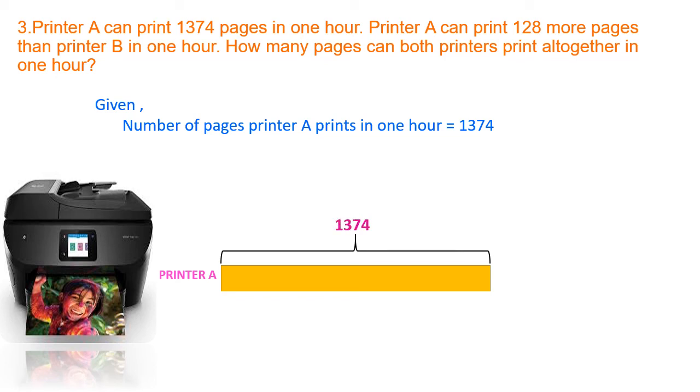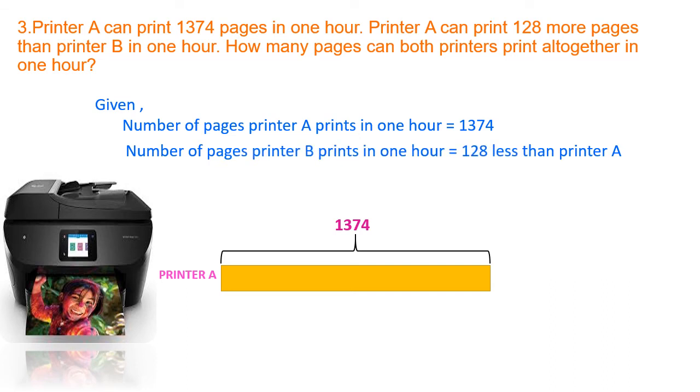Next line of the question is saying printer A can print 128 more pages than printer B in 1 hour. So students, we can write it like this, that number of pages printer B prints in 1 hour is 128 less than printer A. We have just changed the statement and nothing else.